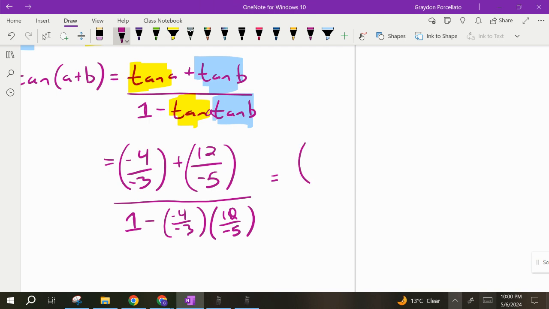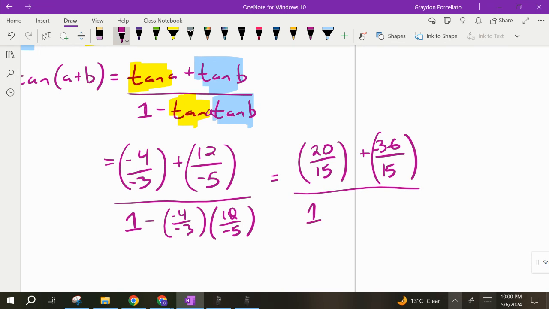So I'm going to go 20 over 15, because a negative and a negative is a positive, plus, times 3, 36 over 15, and that's a negative, all over 1 minus top times top, bottom times bottom. That's 4 times 12 is 48 over, and that's negative over 15.